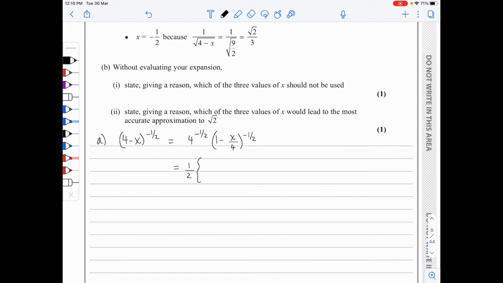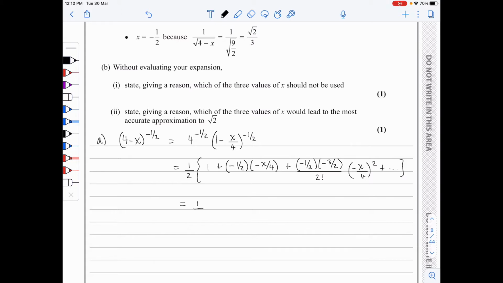formula booklet. I need to go up to the term in x squared, so it's 1 plus (minus a half)(minus x over 4) plus (minus a half)(minus 3 over 2) over 2 factorial (minus x over 4) squared plus dot dot dot.